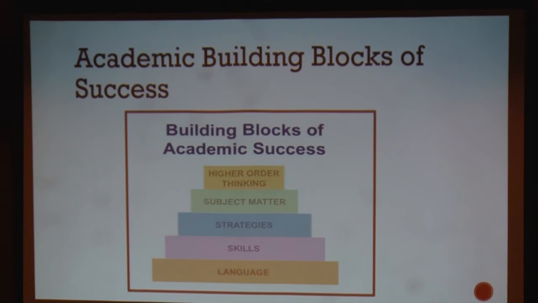Subject matter knowledge, I think some of you had mentioned that, is critical. We need to have that background knowledge. We need to have key ideas and critical content of all of our content areas to be able to do that higher order thinking, problem solving, reading multiple texts and summarizing and assimilating information, drawing conclusions, making predictions, forming an argument, an opinion with evidence. So that higher order thinking is our goal. We want to be able to get to that.